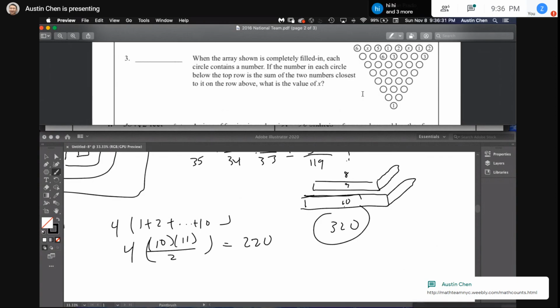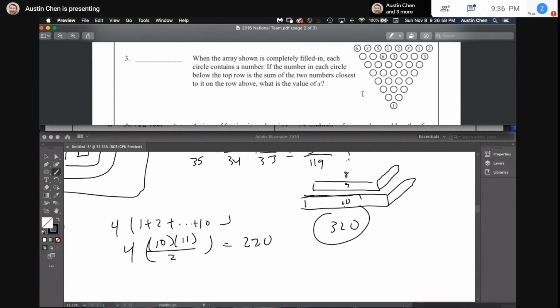That link has all the Mathcounts problems from school to national, from 2017 to 2020, and some of them have solutions as well, and some of them have countdown rounds. Yeah, no problem.